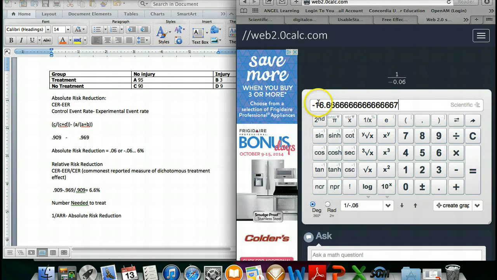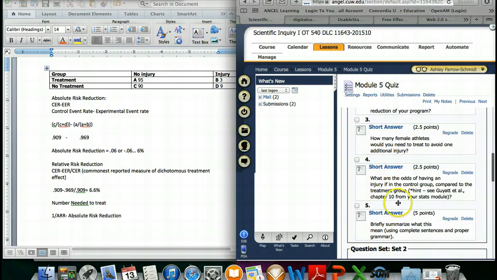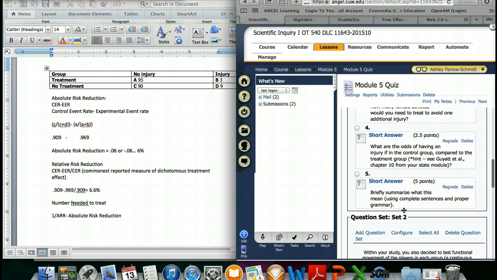The 16.6 is what you should have written, or you could have rounded it up to 17. Again, these equations don't change. So when you see the table and you see these types of questions, all you have to do is plug in those exact same equations. All right, let's keep going. Next we're asking, what are the odds of having an injury happen in a control group compared to the treatment group.